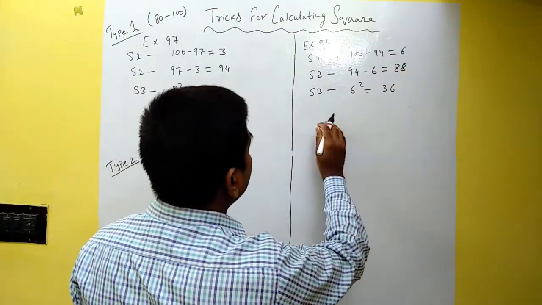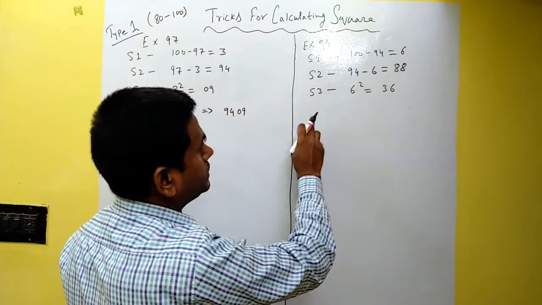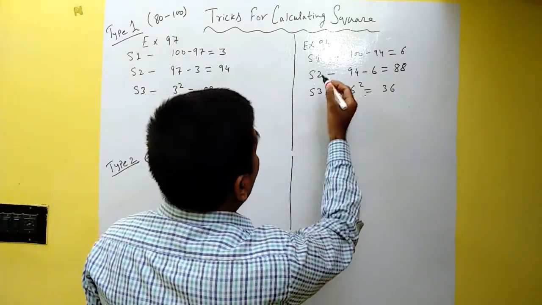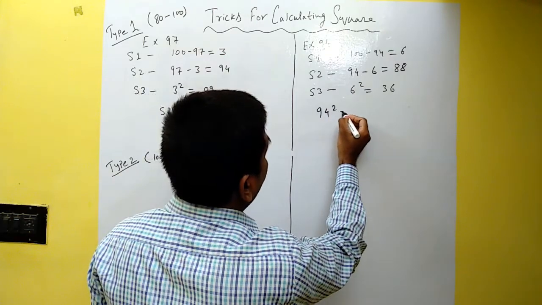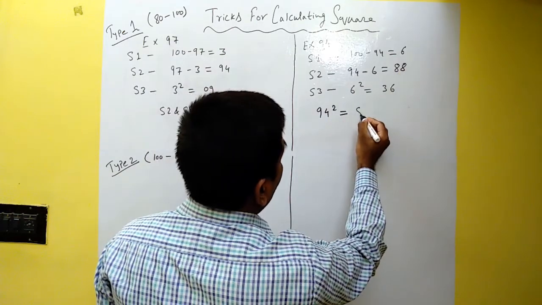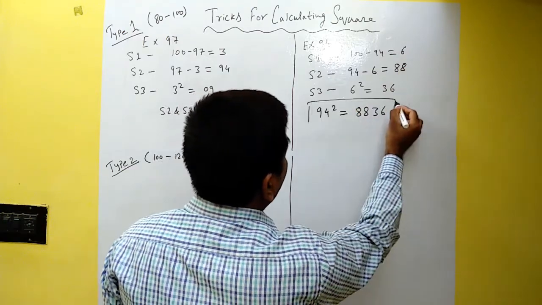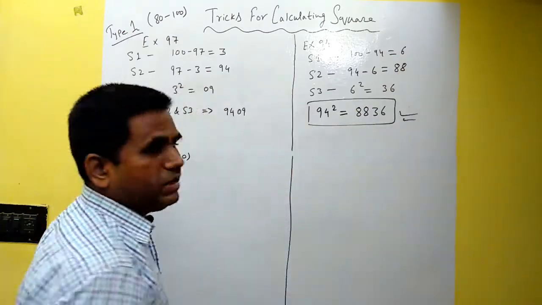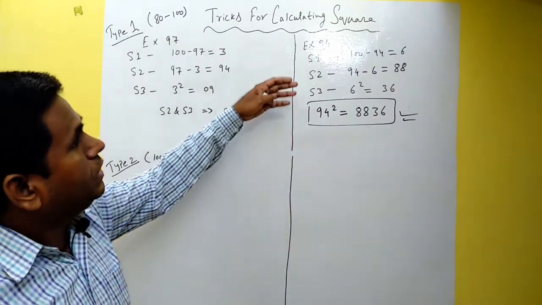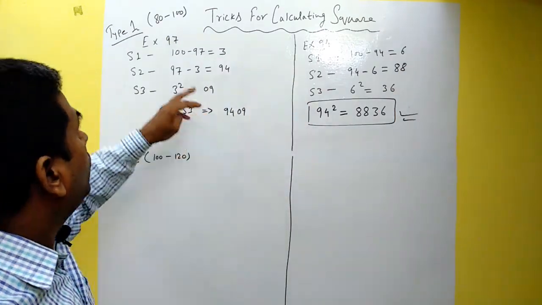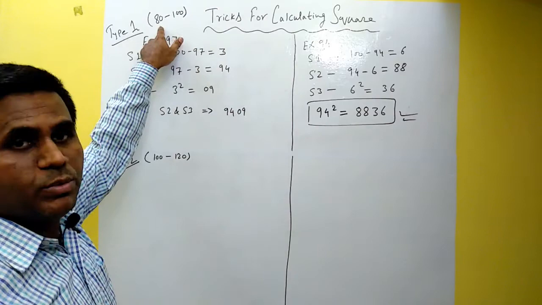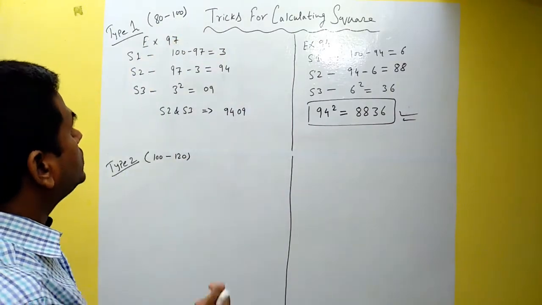So now the answer is, as I told you, step 2 plus step 3. So 94 square is equal to 88 and 36. This is how quickly we can solve, within 3 to 5 seconds, the square of any number between 80 and 100, considering 100 as the base.